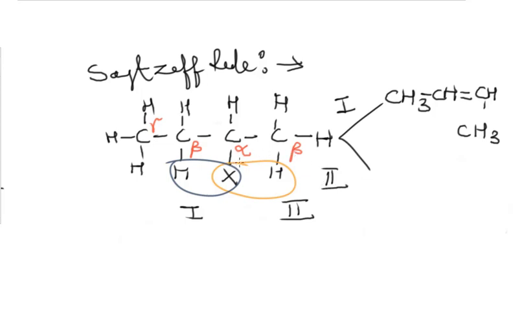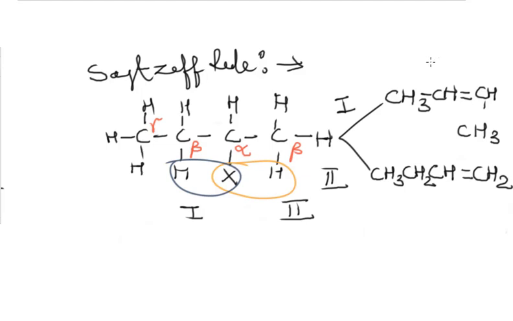Now if we opt for the second way, that is the hydrogen is from here and the halogen is from here, so we have CH3, CH2, CH double bond, CH2. So this is the second way to get the product.